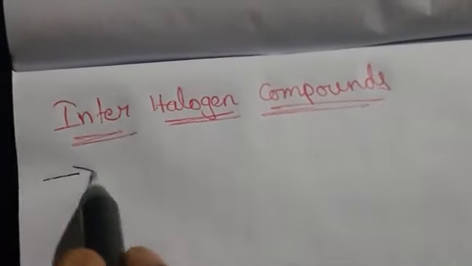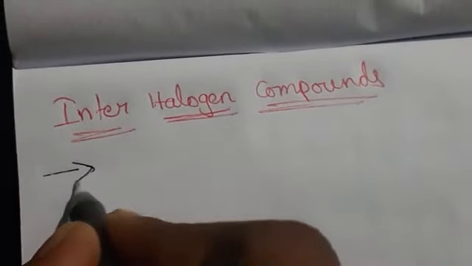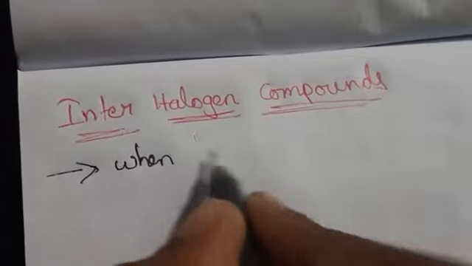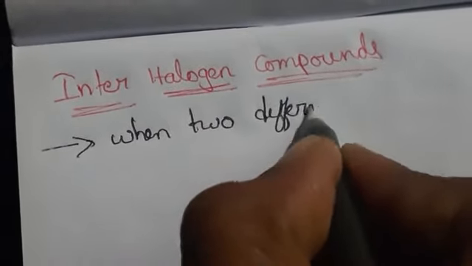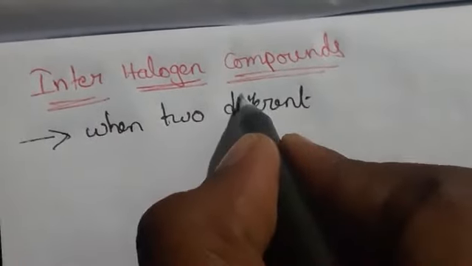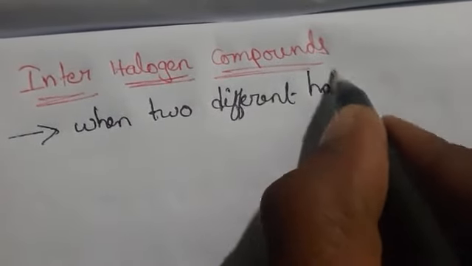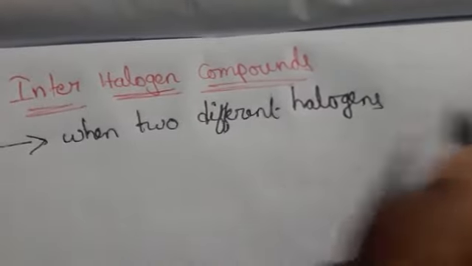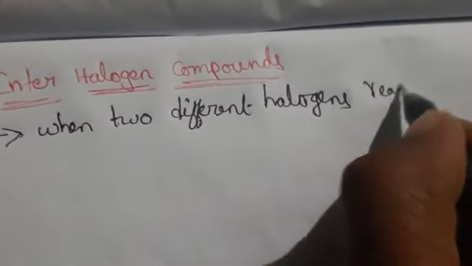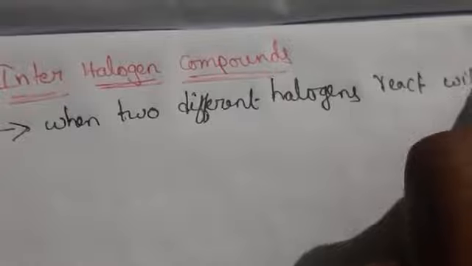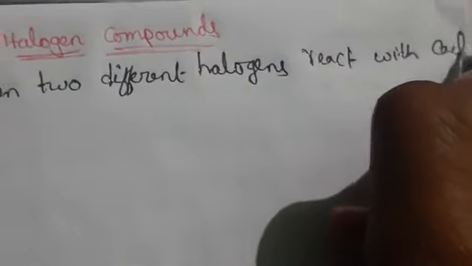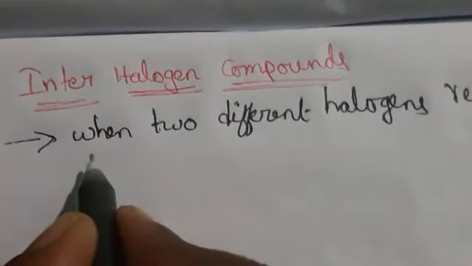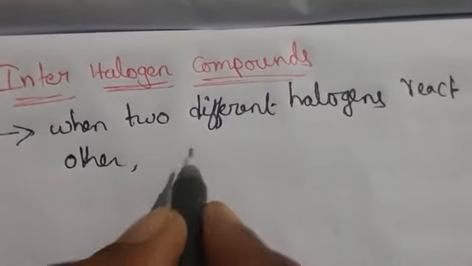So when two different halogens react with each other, then what will happen?